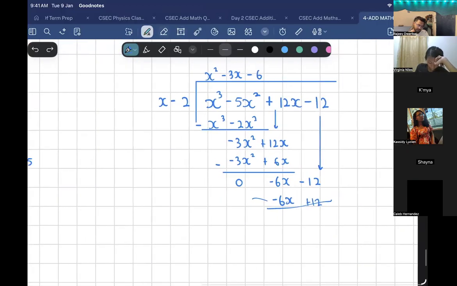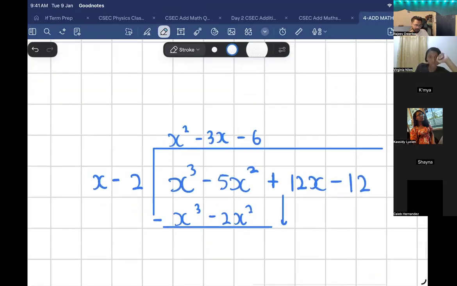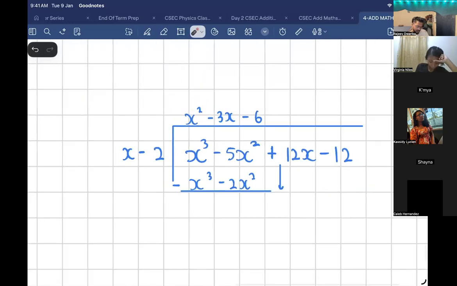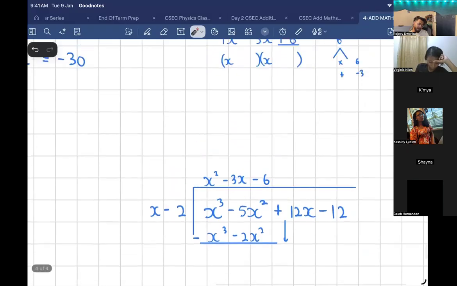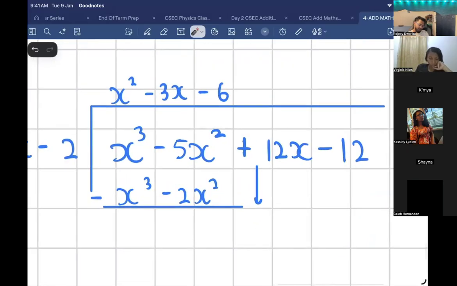So what happened here? Is it that we can't trust polynomial long division anymore? Guys, please don't tell me that. Yeah, this is a trick question. ChatGPT confirmed that this is the answer. You can break it up into a linear factor. Sus question. I wonder why this is not working now.